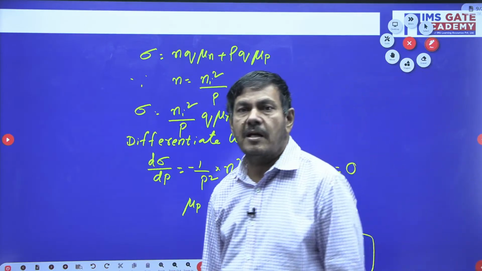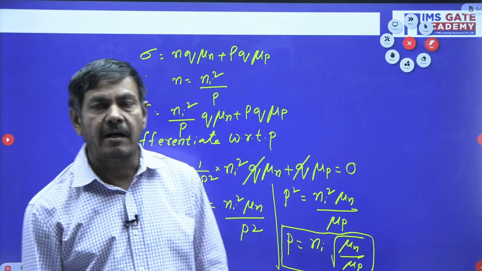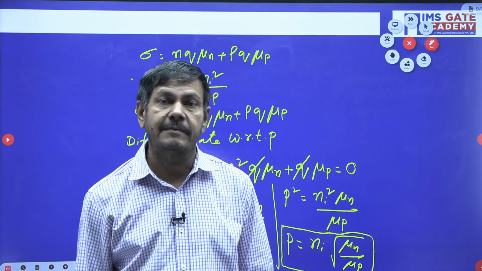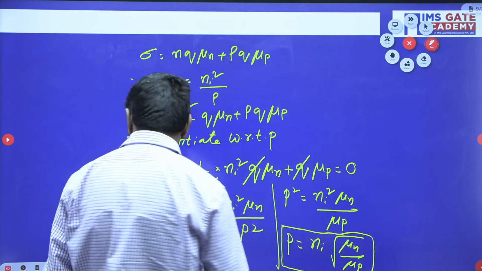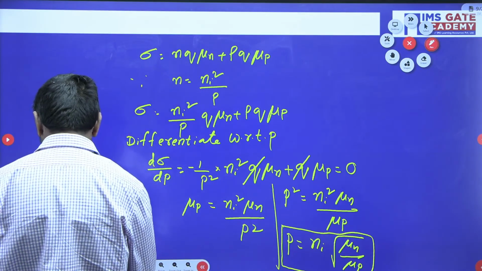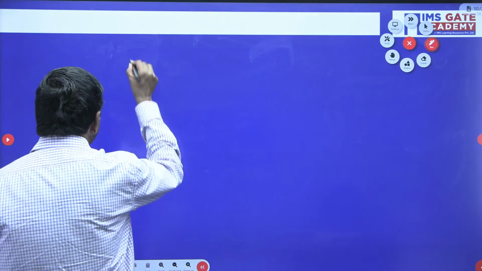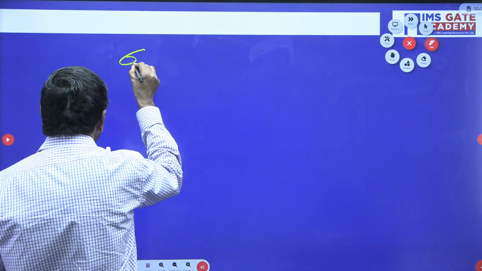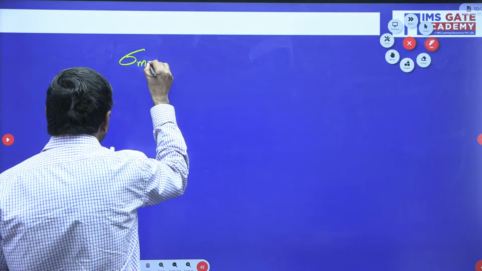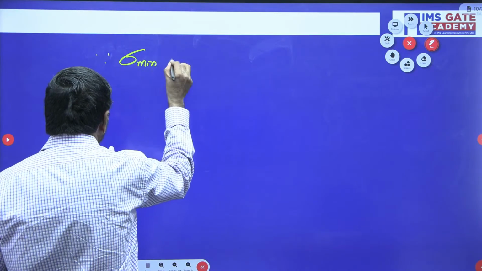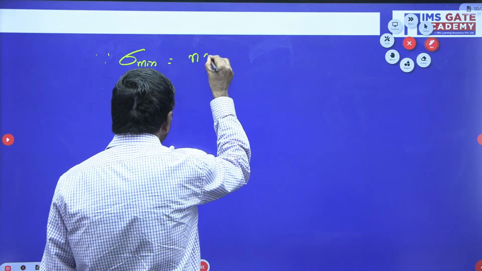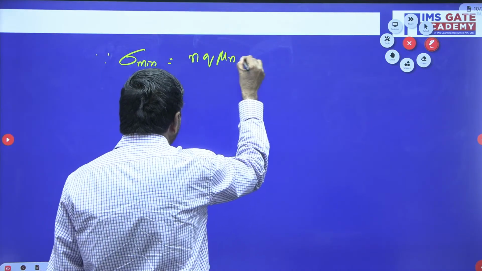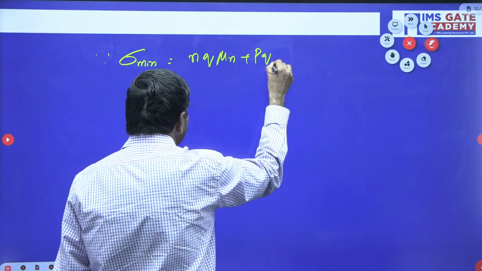In case you are asked to find out the minimum conductivity, how we can find minimum conductivity in the semiconductor? What you have to do is, suppose you want to find minimum conductivity. Already I gave it n into q into mu n, p into q into mu p also I gave it.